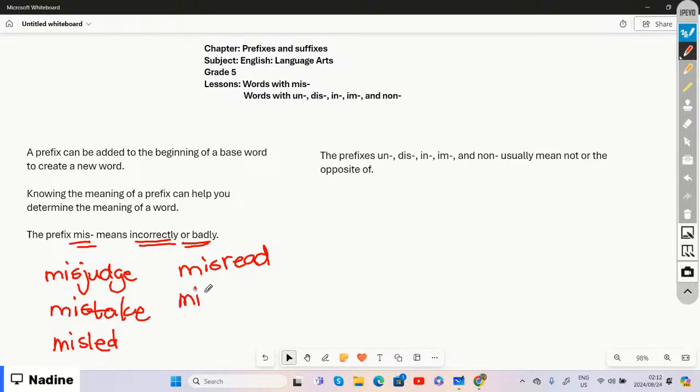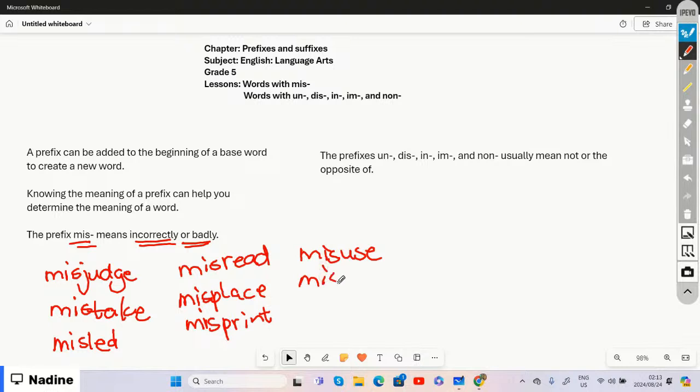Misplace, misprint, misuse is also a word. It's like you're using it incorrectly. That is what we mean when we misuse.